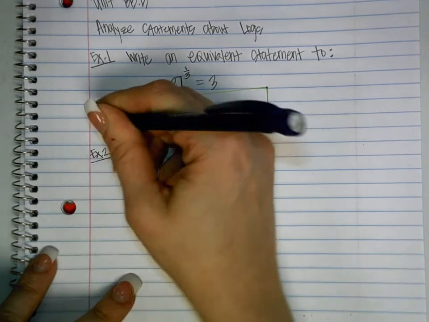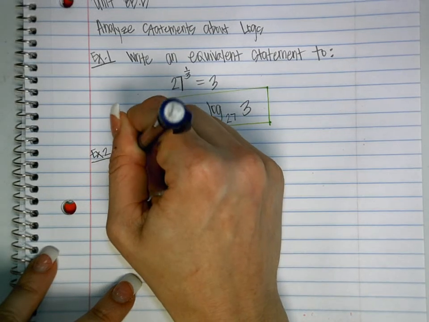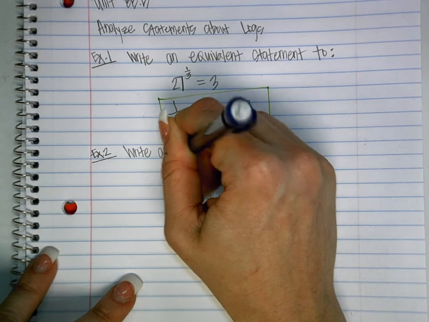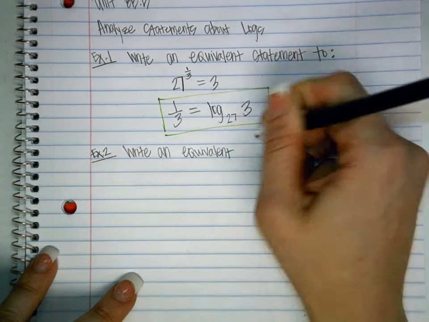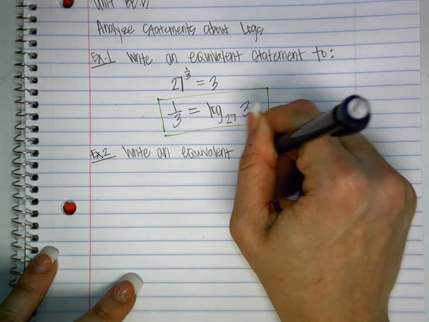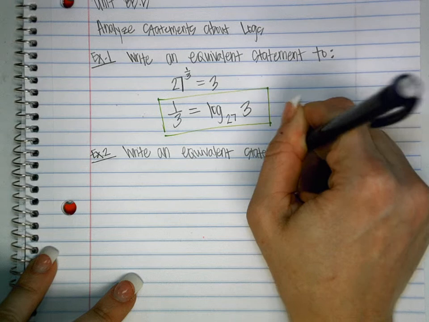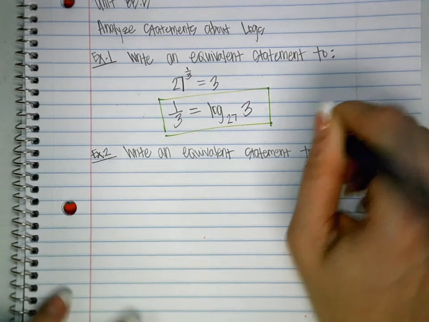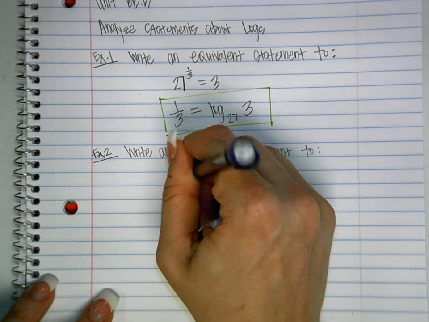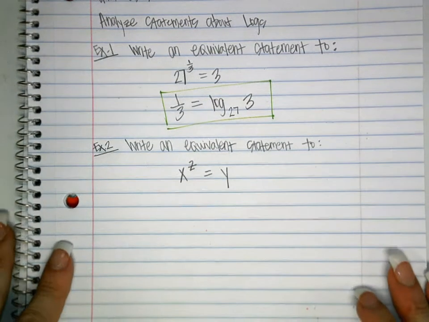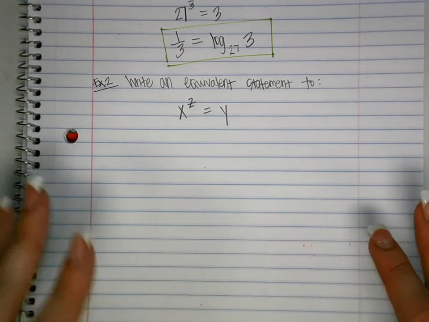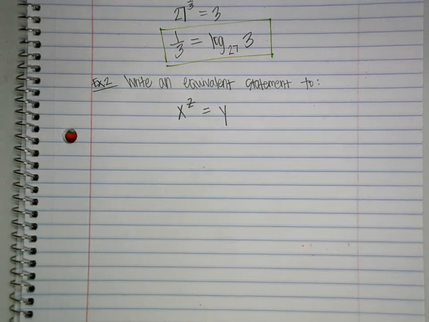For number 2, again, I want you to write an equivalent statement to x to the z equals y. Write an equivalent statement to that.